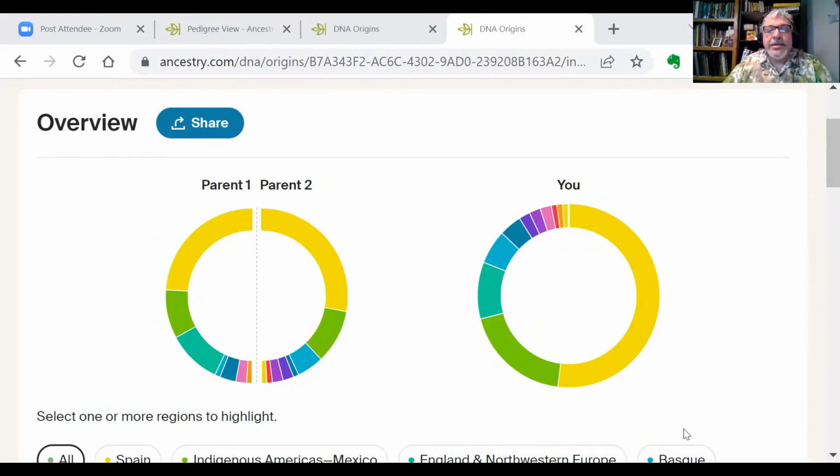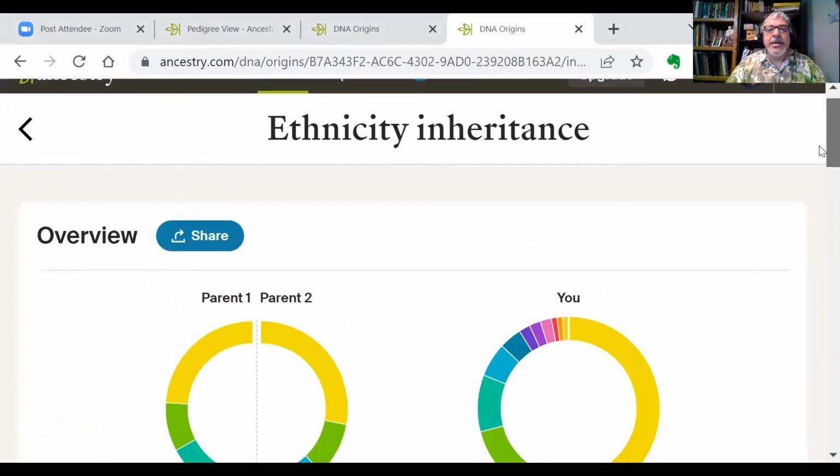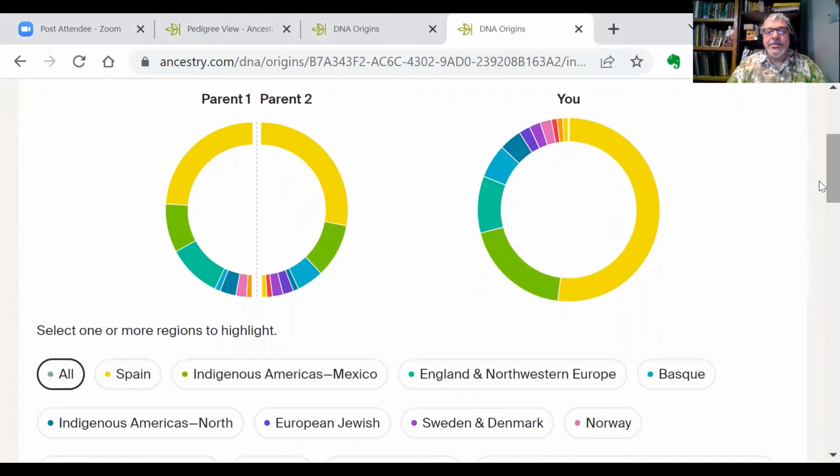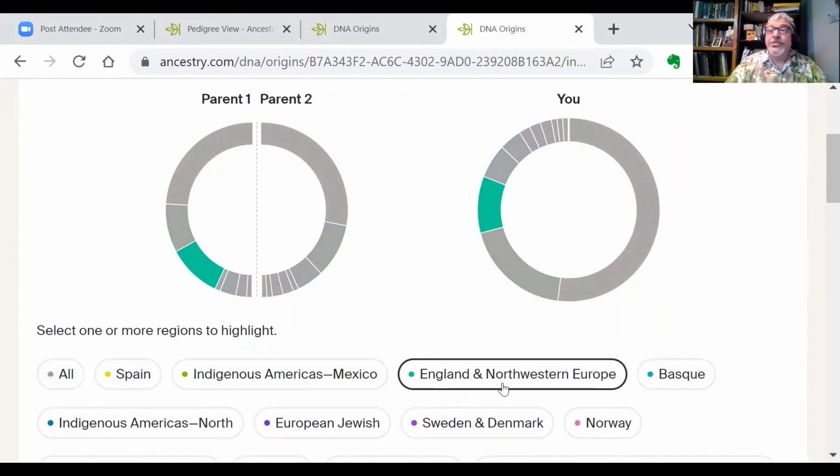So let's go back to this ethnicity breakdown, the ethnicity inheritance. I am just going to pick this one inheritance here because it only shows on one side. England and Northwestern Europe, 10% on one side.